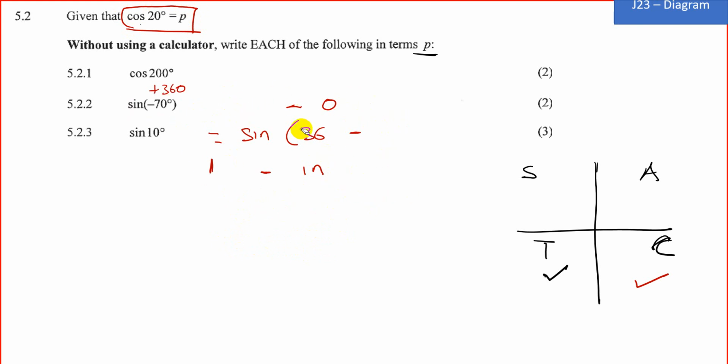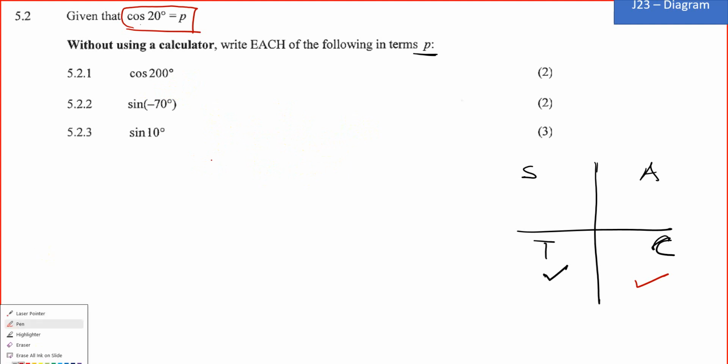In the next question, we are looking at sine 10 degrees. Now, there are lots of options we can use. The first one that comes to my mind is, how can I rewrite 10 with a 20?